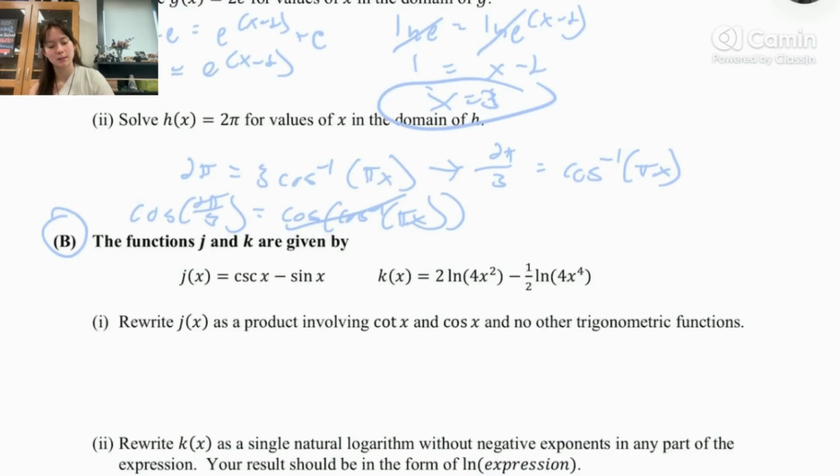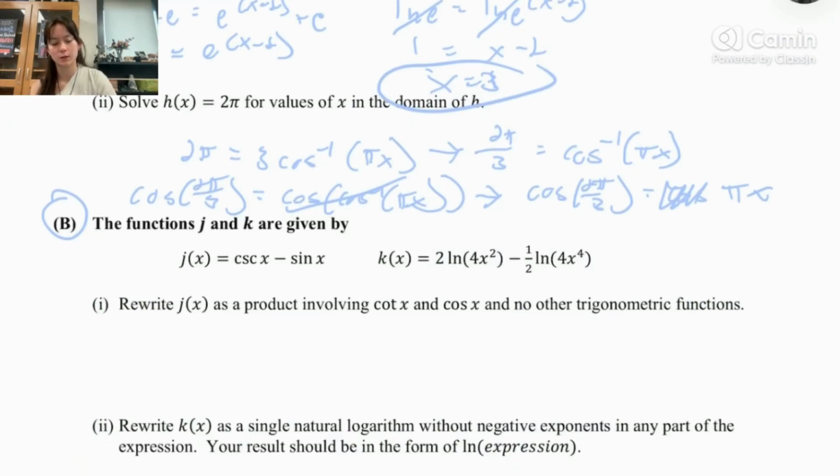These will cross out, so it'll get you cosine of 2 pi over 3 equals, oh, so sorry, pi times x.